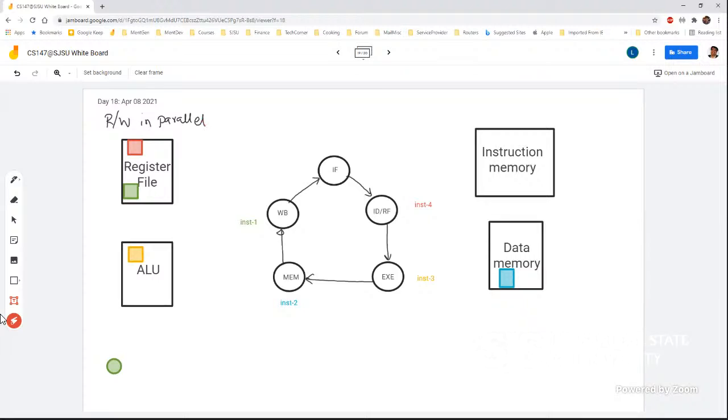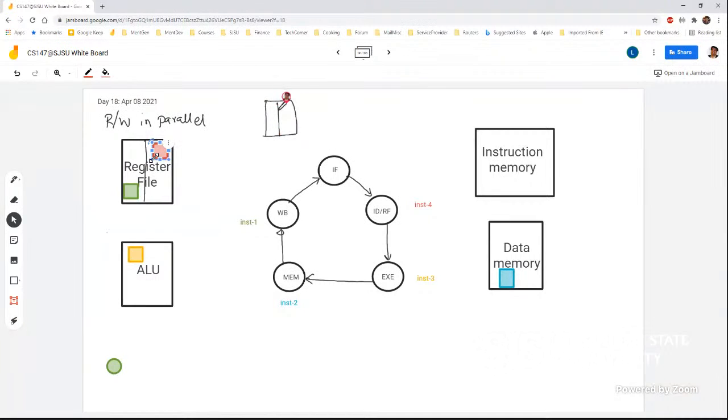So conceptually, that's what is being shown in that pipeline timing diagram, saying that this guy is doing a read and the other guy is doing a write. Remember, in the timing diagram, when something is in the register reading phase, it is shown like this.